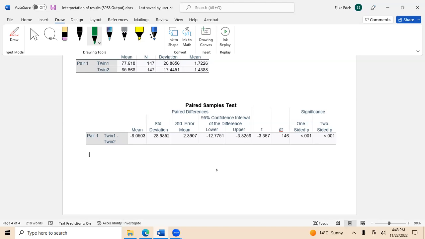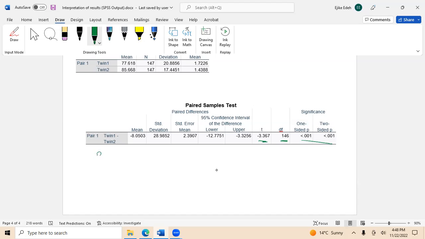So how do we interpret this? Look at your test statistic over here, and this is your degree of freedom. And these are your p-values for two tail and one tail, and you could use the one that applies to the research you are doing. The interpretation is the same thing.